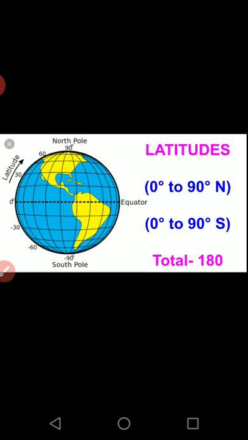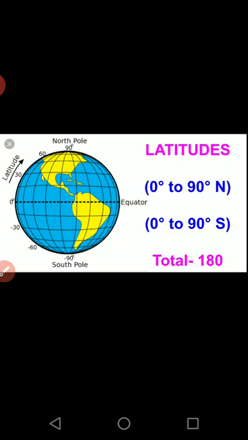So from 0 to 90, it means 0, 1, 2, 3, 4, likewise till 90 latitudes we are having in the northern hemisphere, and similarly the 0 to 90 latitudes we are having in the southern hemisphere.